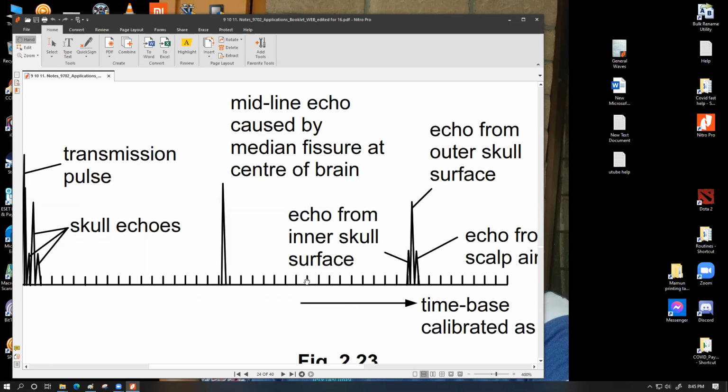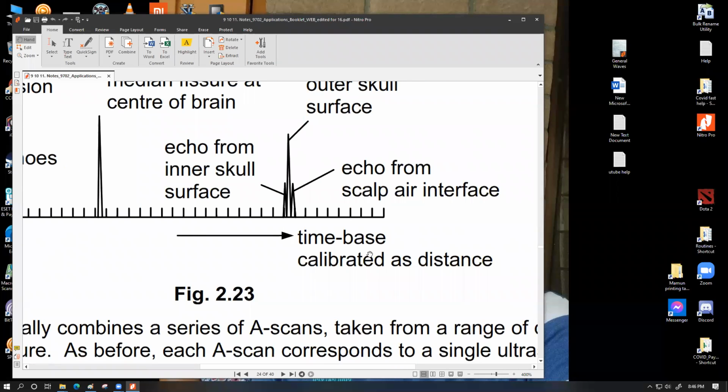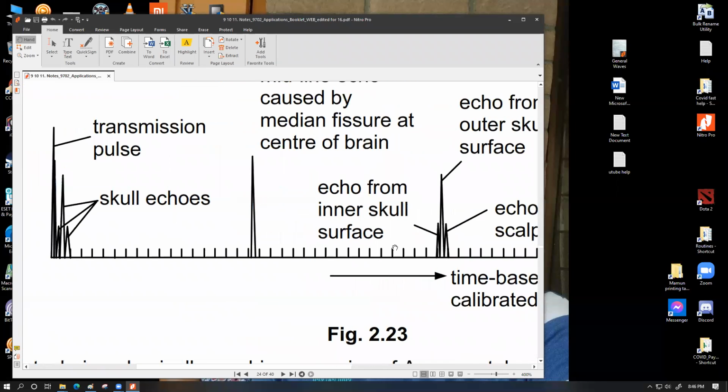We can measure very precisely how much time it takes for each of these pulses to be received, and then using the speed information and the measured time after which each echo was received, we converted that time into distances from the source. That's what this axis is: time calibrated as distance, which is possible as long as the speed of ultrasound is the same, or at least considered to be the same, for all the media.